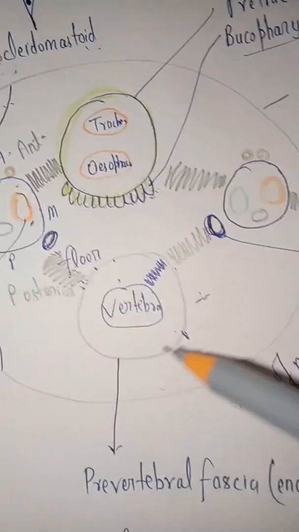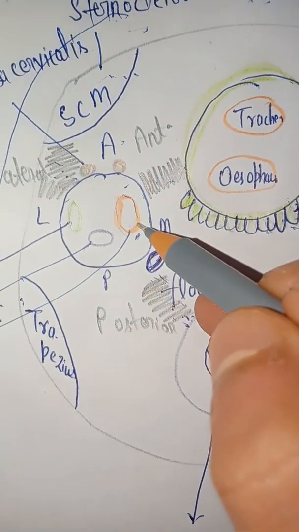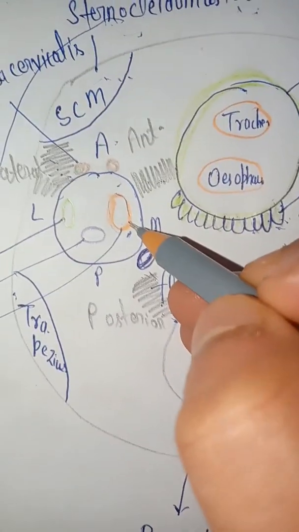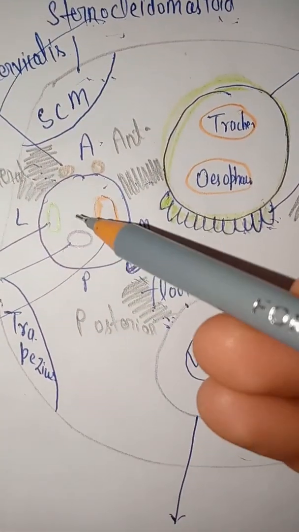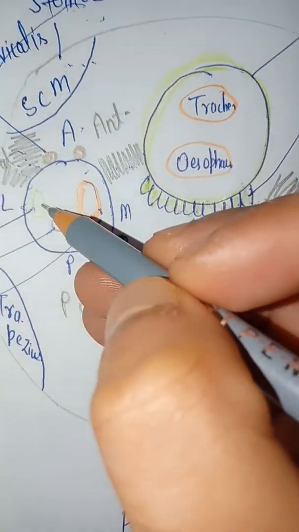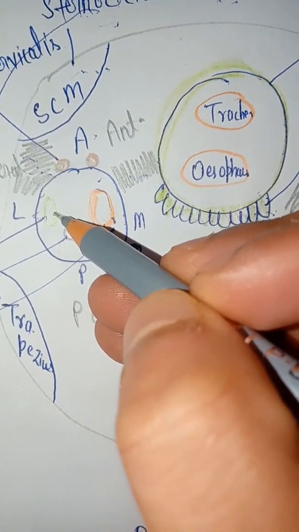But here, medially in the carotid sheath, the internal carotid artery is present. You all know that arteries are present deeper in comparison to the veins. So this is the vein. Which vein is this?